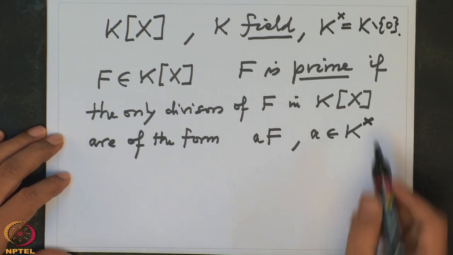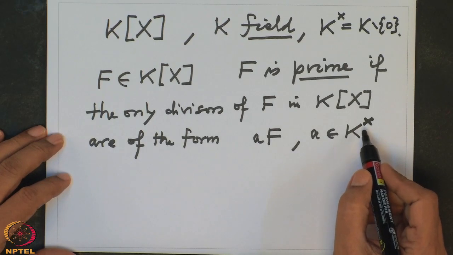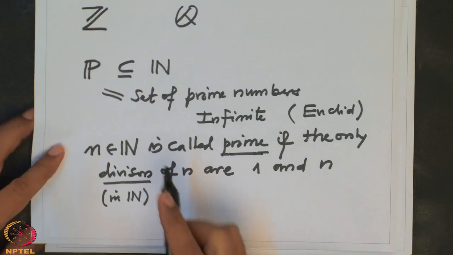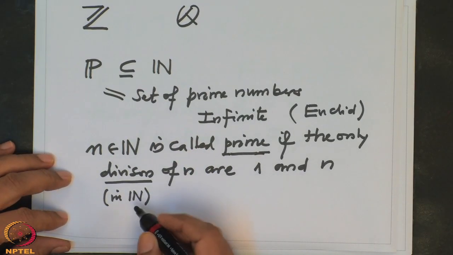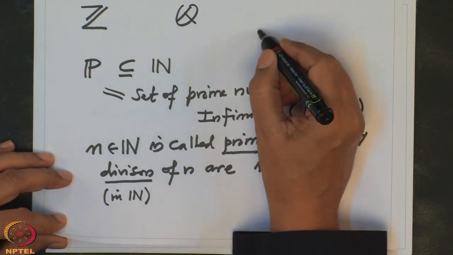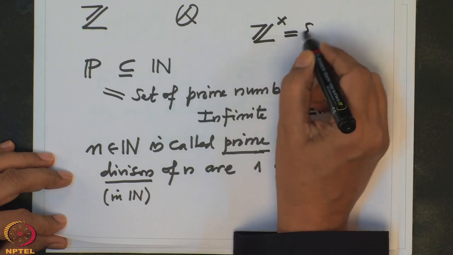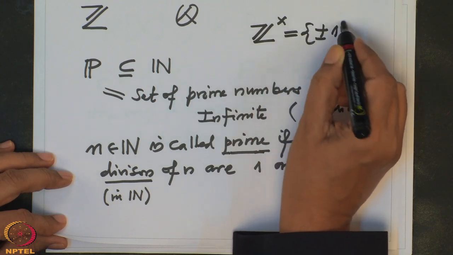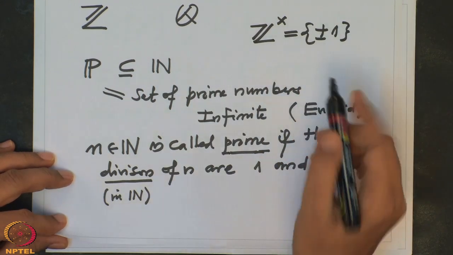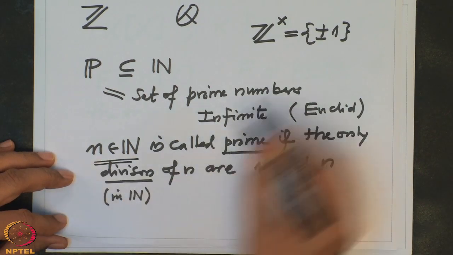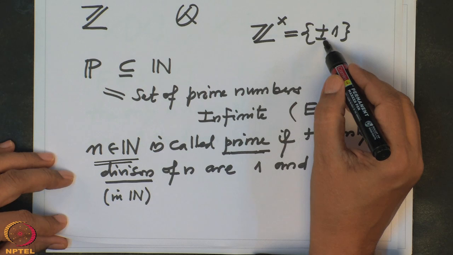And why does this not appear in the definition for Z? It doesn't appear because we have banned it. What is Z cross? Z cross is plus minus 1, and we made a shortcut by taking elements only in N, so that minus 1 got cancelled.